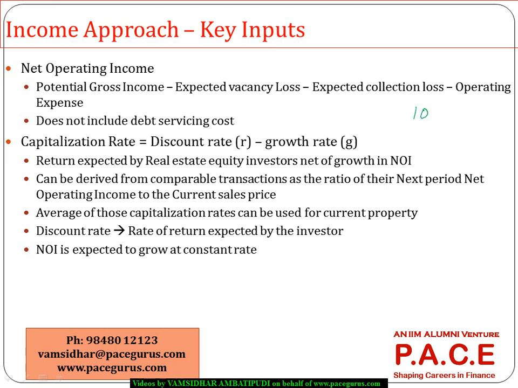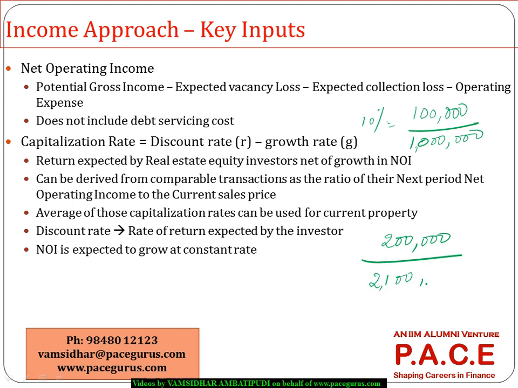A property which was generating an NOI of 100,000 was recently sold for 1 million. So the capitalization rate in this case was 10%. Another property, which was generating 200,000 NOI, was sold for 2.1 million. So it is slightly lesser, let me assume around 9.5%.